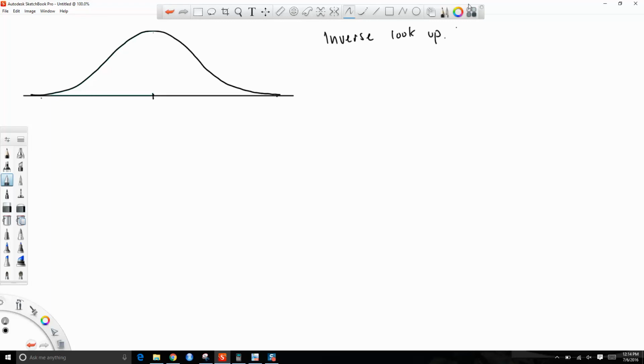And so we could say, what is the z? What z is associated with the 30th percentile? So what does it mean to be in the 30th percentile?